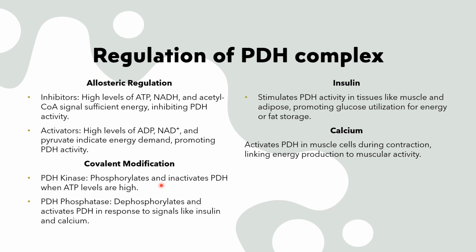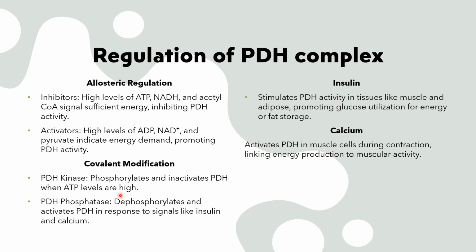Then we have covalent modification. So covalent modification is a form of enzyme regulation where a group is added covalently to the enzyme, and this either activates or deactivates the enzyme. For example, you have an enzyme called pyruvate dehydrogenase kinase, which is able to phosphorylate the pyruvate dehydrogenase complex, and this inactivates it when the ATP levels are high.